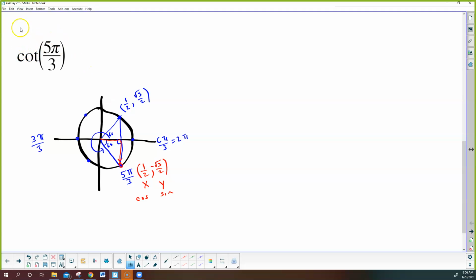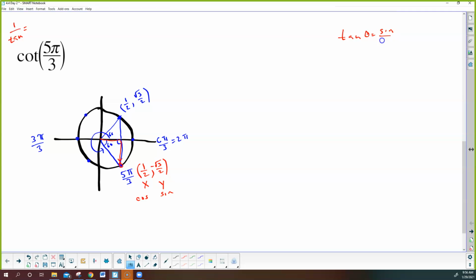So how do we think of cotangent? That's the other question, what is cotangent? Well, cotangent is 1 over tangent, and tangent was always sine over cosine, right? So I might write that over here because this is the way my brain works.